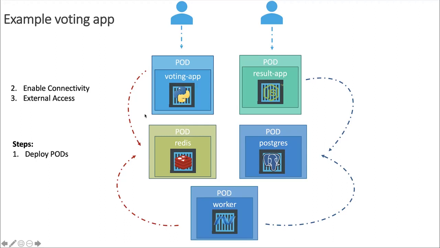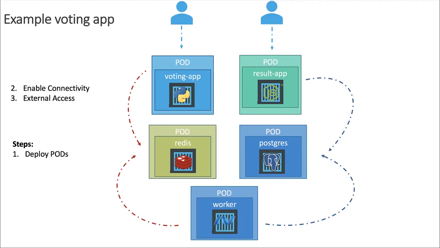You can see arrows going into all of these components, but there are no arrows going into worker, which means none of the other components or external users are accessing the worker app. The worker app simply reads the count of votes from the Redis database and then updates the total count of votes on the PostgreSQL database. So none of the other components nor the external users ever access the worker app.